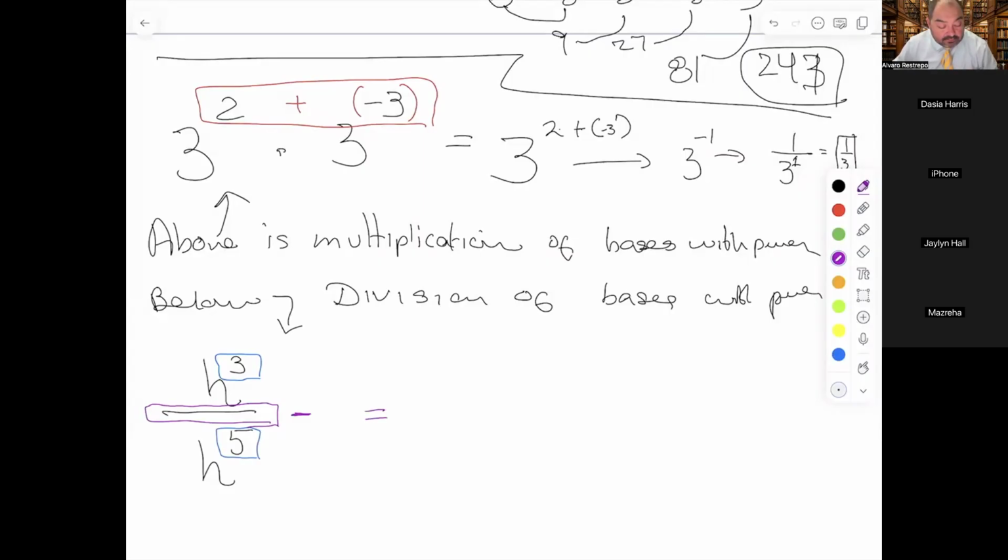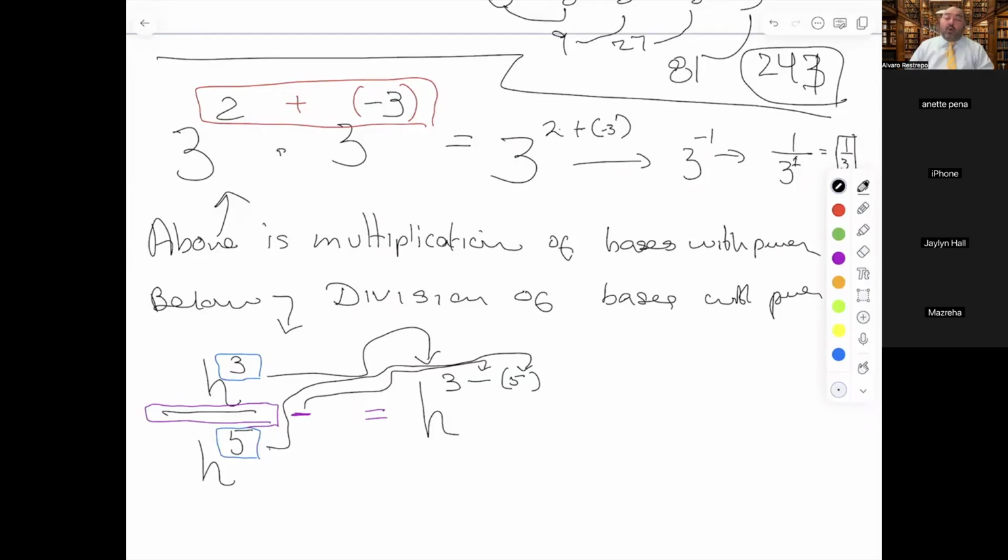So let's do it. So I have h to the 3, right? That's this over here. Then I have a negative. Then I have a 5, right? So what is 3 minus 5? -2.